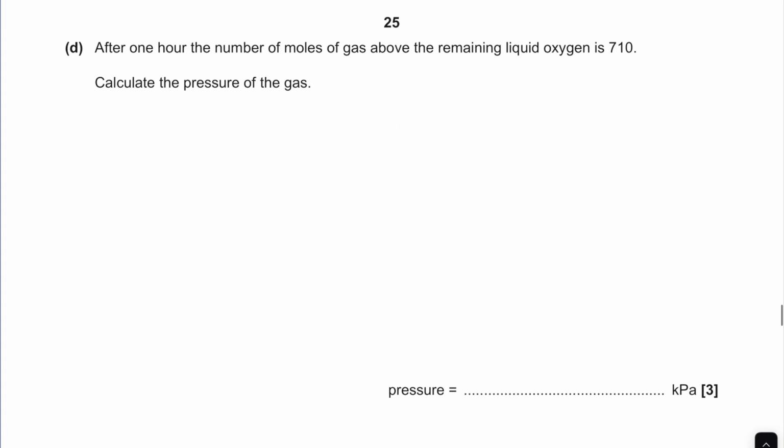Part D, after 1 hour, the number of moles of gas above the remaining liquid is 710. Calculate the pressure.